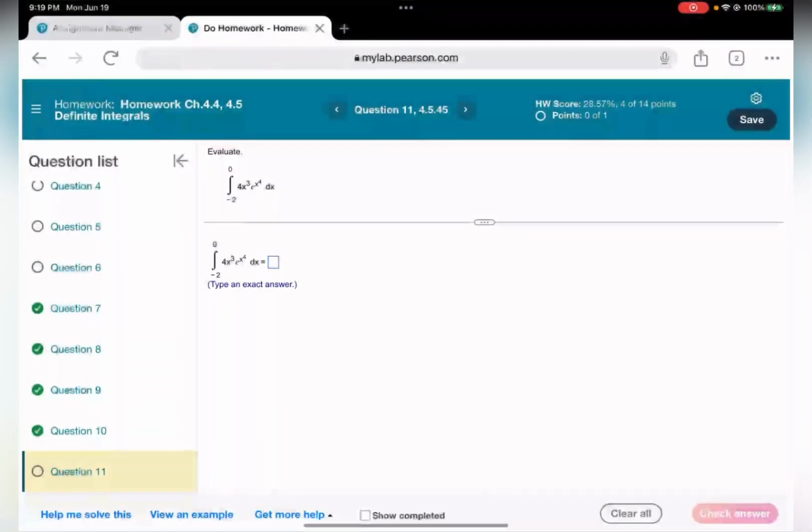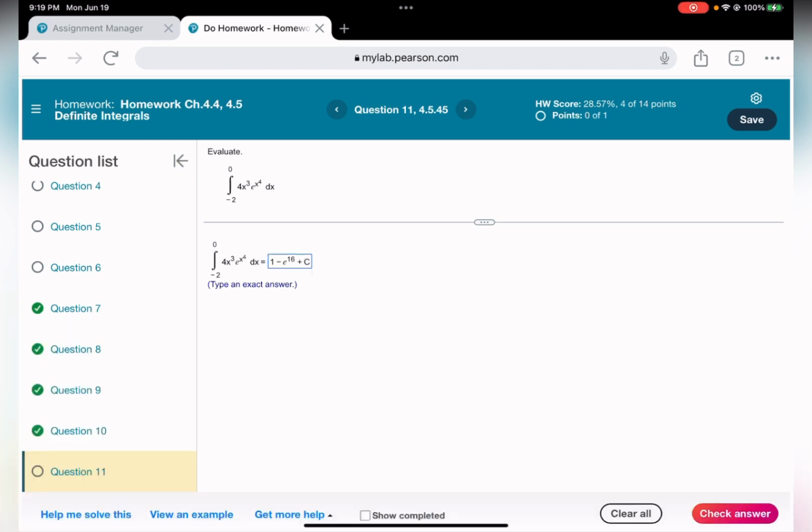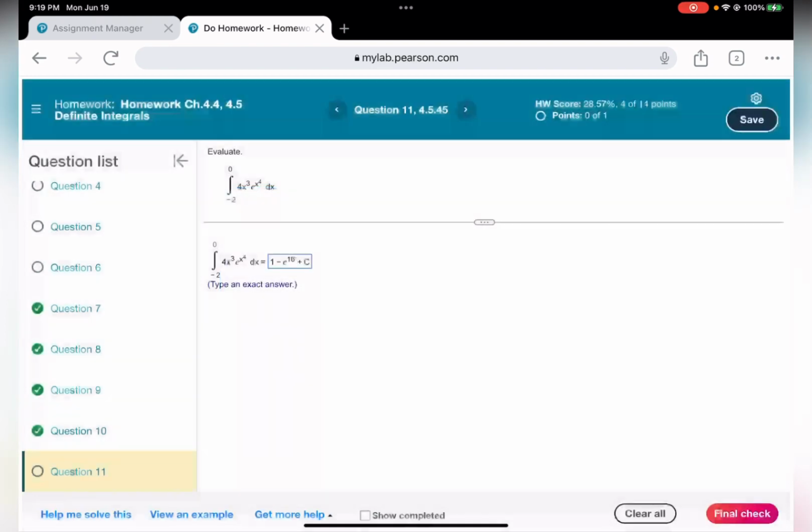Let's place it. So 1 minus e to the power 16 plus c. Okay. Why is it not right?